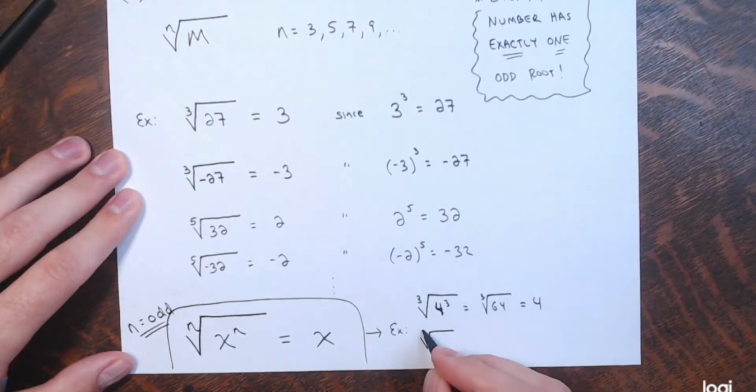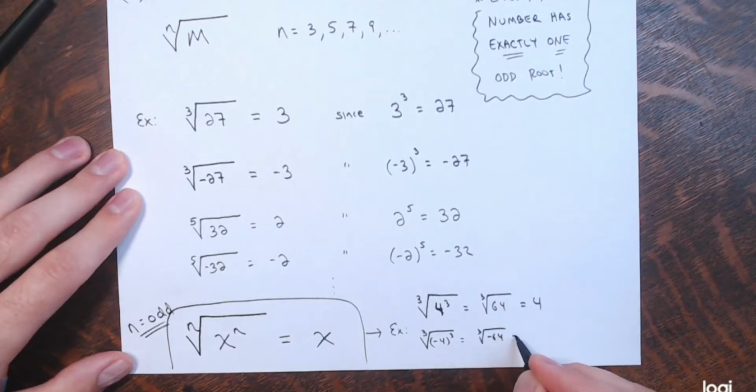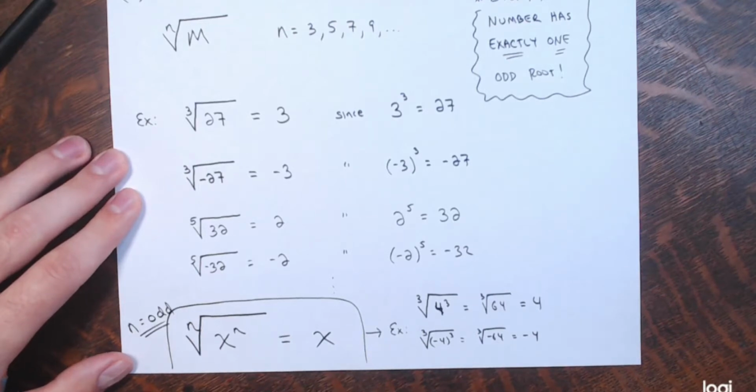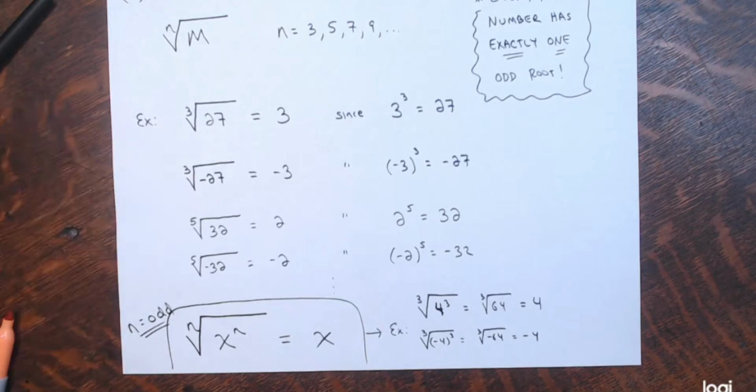And the cube root of negative 4 cubed would be the cube root of negative 64, which would be negative 4. So the cubes cancel, I'm left with negative 4. So I don't have to worry about writing absolute value symbols when there's an odd root. Alright, so odd roots, very, very simple, I feel.